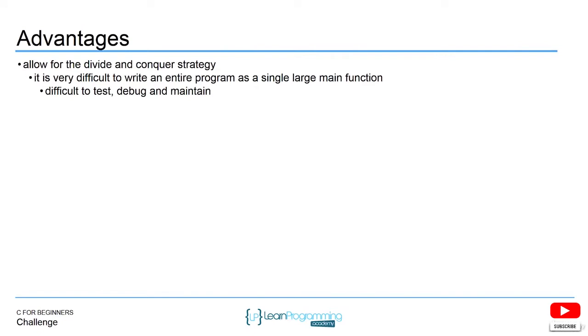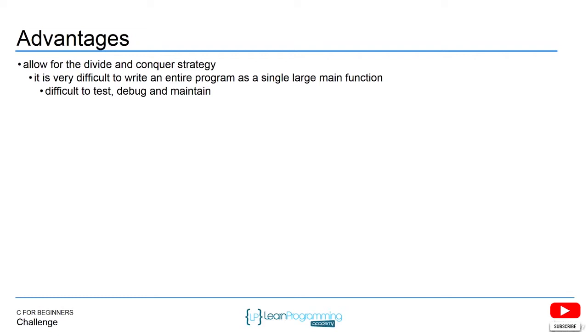Advantages of functions. We're going to use functions because they have a ton of advantages. Functions allow for the divide and conquer strategy. If you were to write a medium-sized or a large program, it's going to be really, really hard to maintain. It's going to be hard to test, debug, and find and fix any errors if you have a single large function.